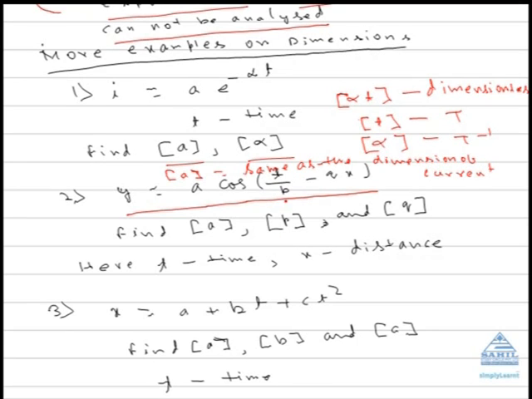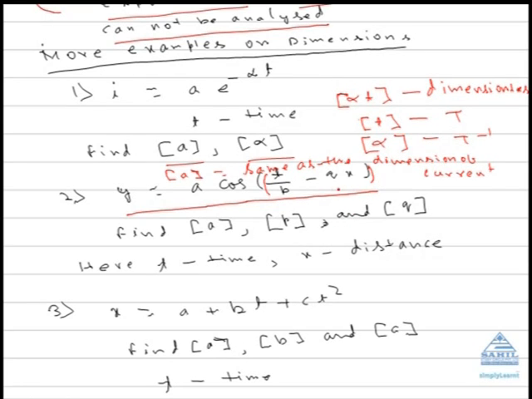Again, a trigonometrical operator like sine, cos, tan is meaningful only when it is operated upon some angle. So this quantity under the bracket must be a dimensionless quantity.